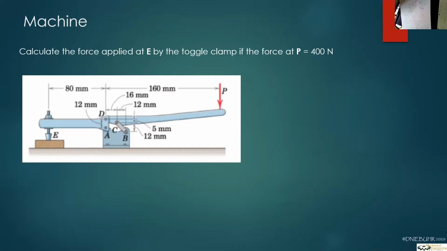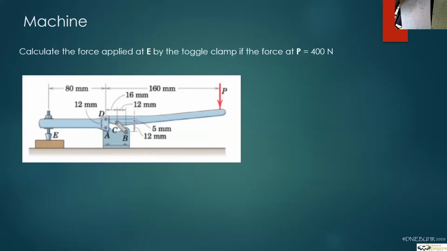So if that's the case, then with the two force member, you should be able to solve for CB simply by summing moments about D, right? And so if you sum the moments about D, then you can solve for whatever CB is.